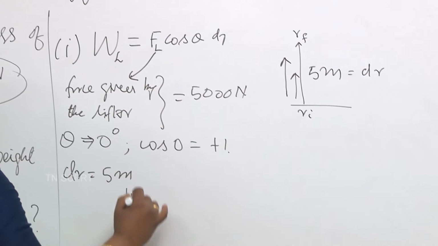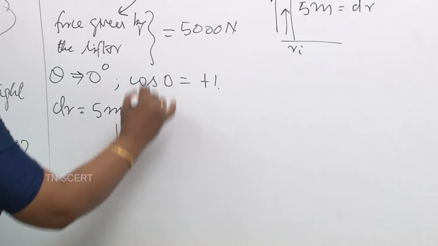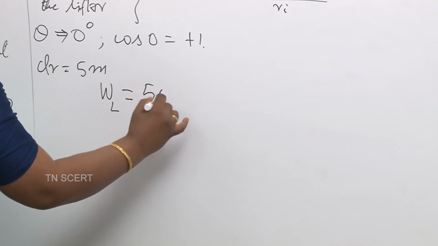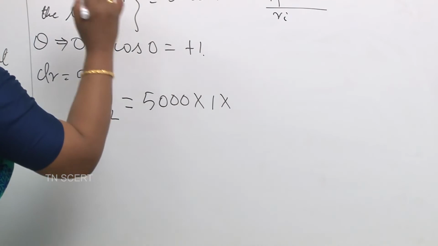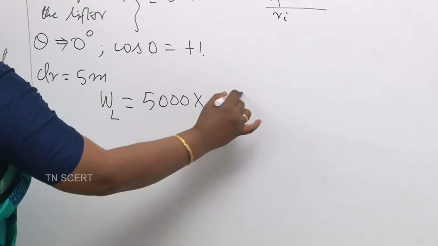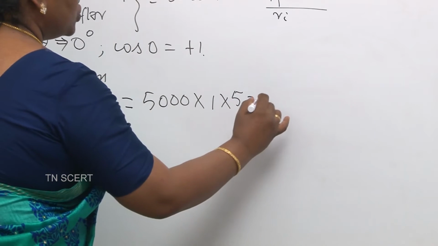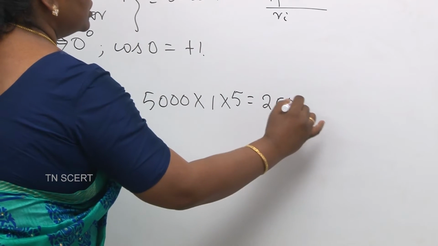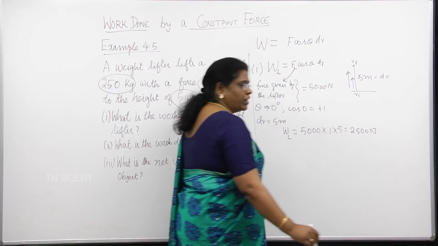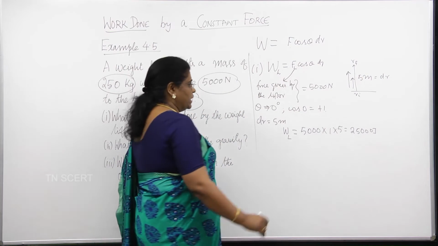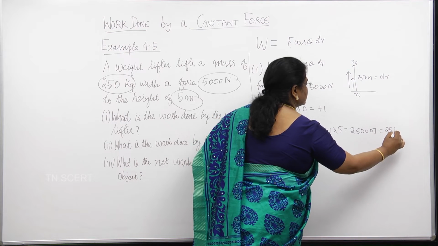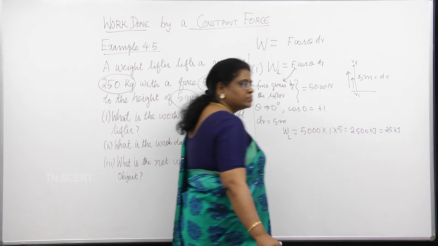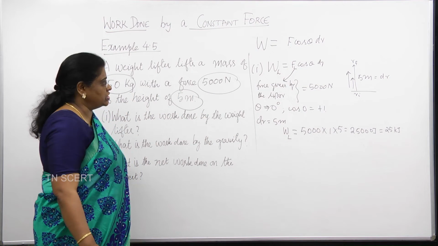The work done by the lifter is the force, times cos of the angle, times the displacement of 5 meters, which is 25,000 joules. 25,000 joules can also be written as 25 kilojoules. That is the answer for the first question.